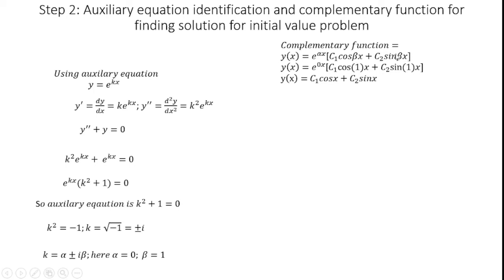After that, I found from the auxiliary equation that alpha is equal to 0 and beta is equal to 1. So I can substitute the same values into the complementary function.